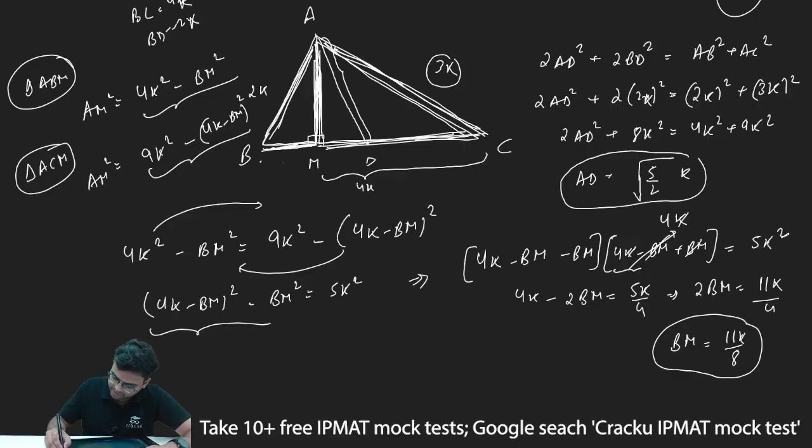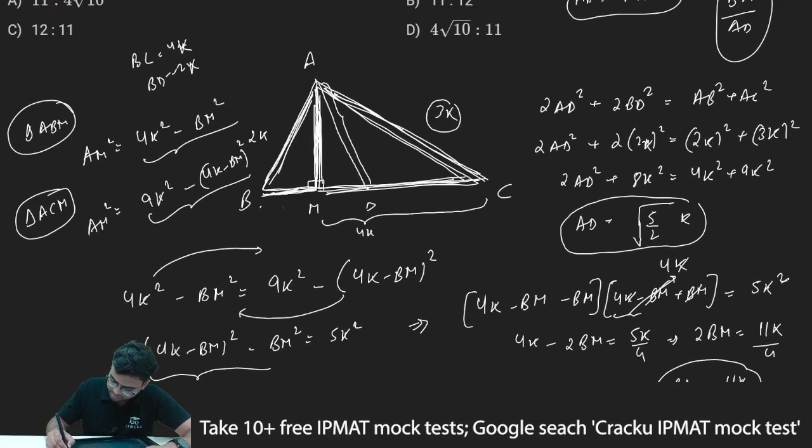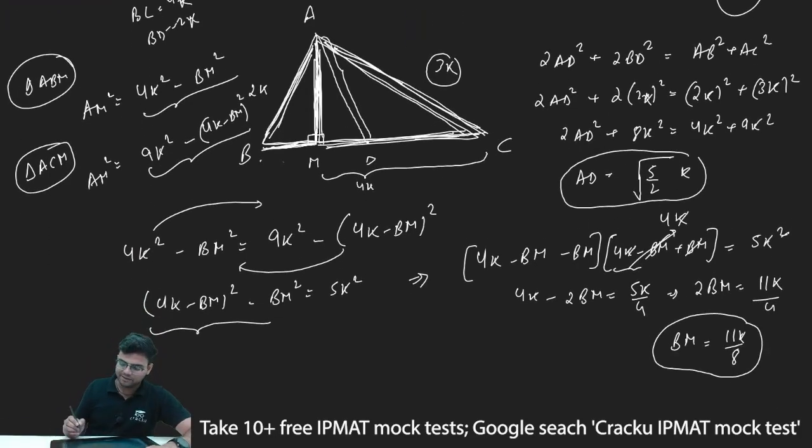What we have to find out is the value of BM upon AD. AD we have found out, AD is root 5 by 2 into k. I can write this as root 10 upon 2 into k; I have just multiplied and divided by root 2.